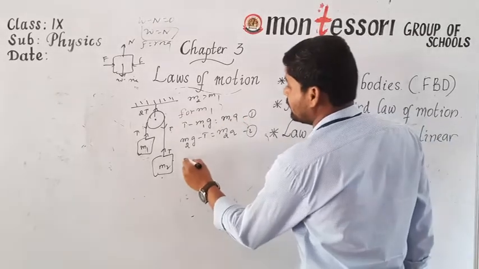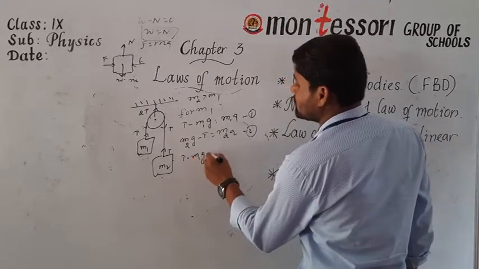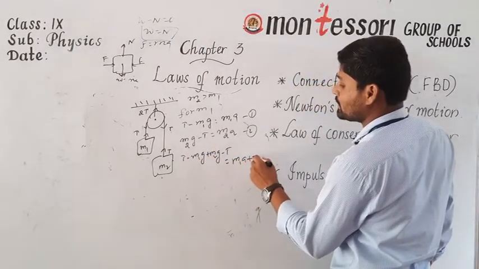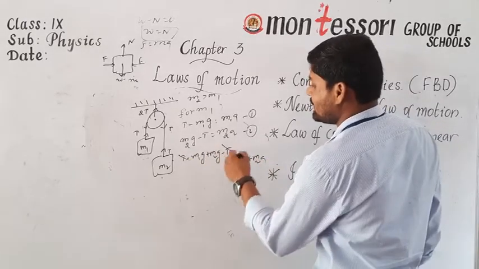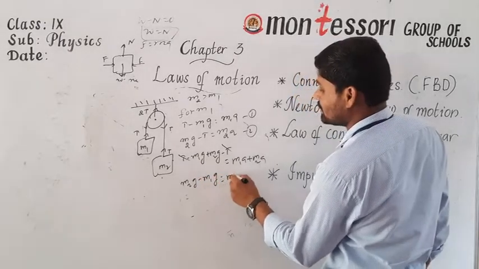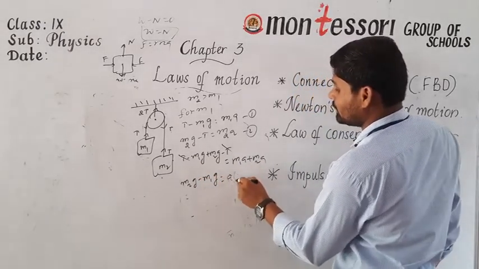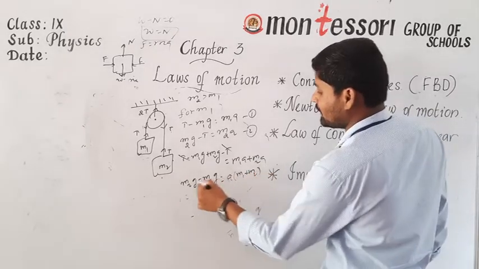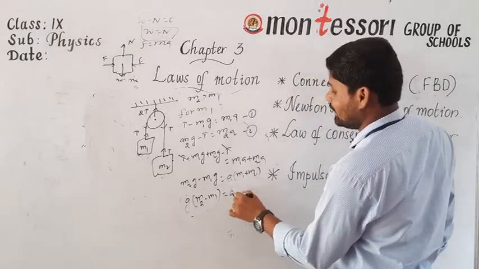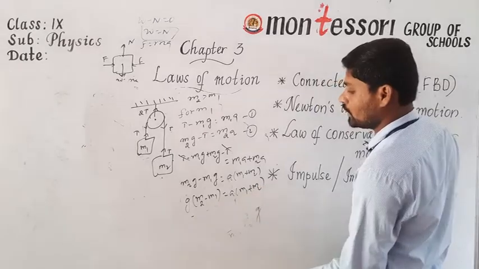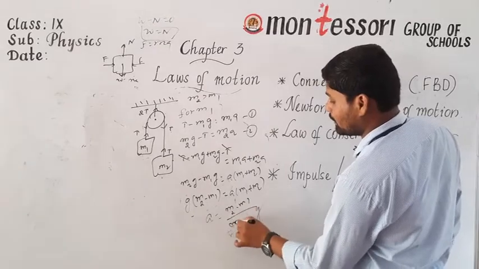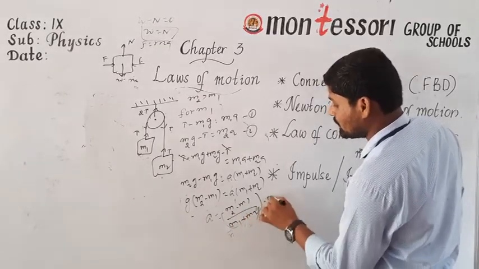If you add these two, T minus M1G plus M2G minus T is equal to M1 into A plus M2 into A. Here T gets cancelled, then M2G minus M1G is equal to A into M1 plus M2. Taking G as common, G into M2 minus M1 is equal to A into M1 plus M2. So A is M2 minus M1 by M1 plus M2 into G.